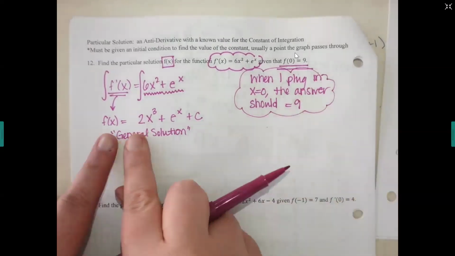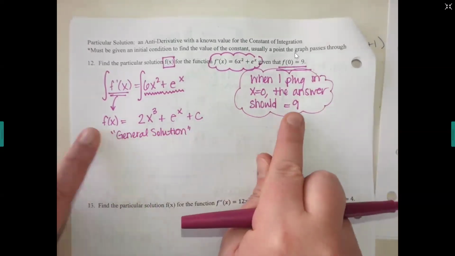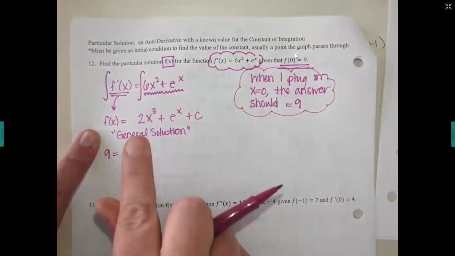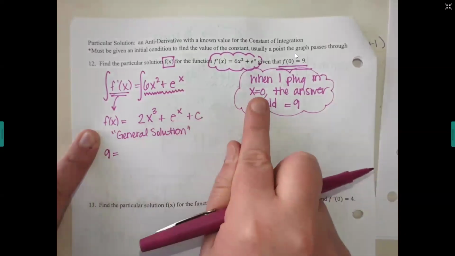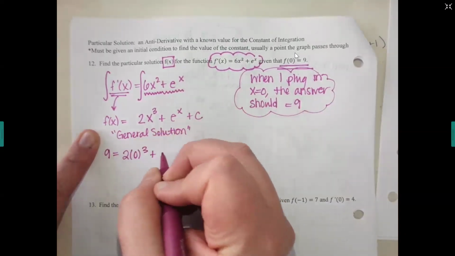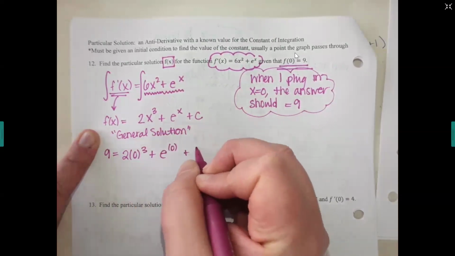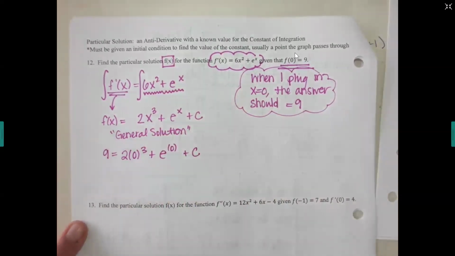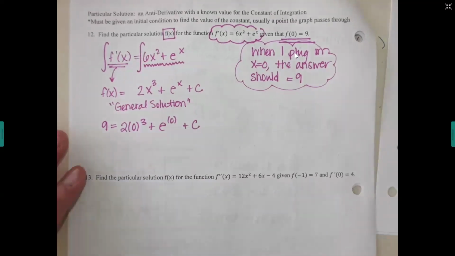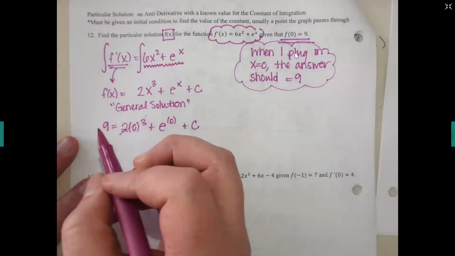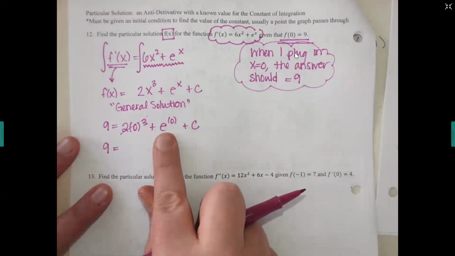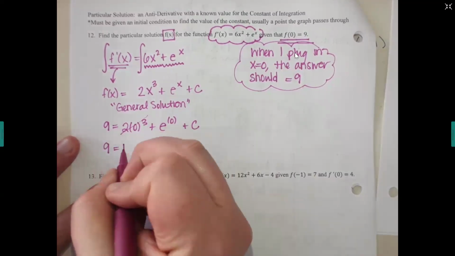So here's my equation. I'm going to let 9 be the answer, and then everywhere that I see an x, I'm going to plug in a 0. So it'd be 2 times 0 cubed plus e to the 0 plus c. 2 times 0 cubed, what's that going to give me? 0. So I have 9 equals, but then e to the 0 is how many? 1 plus c.